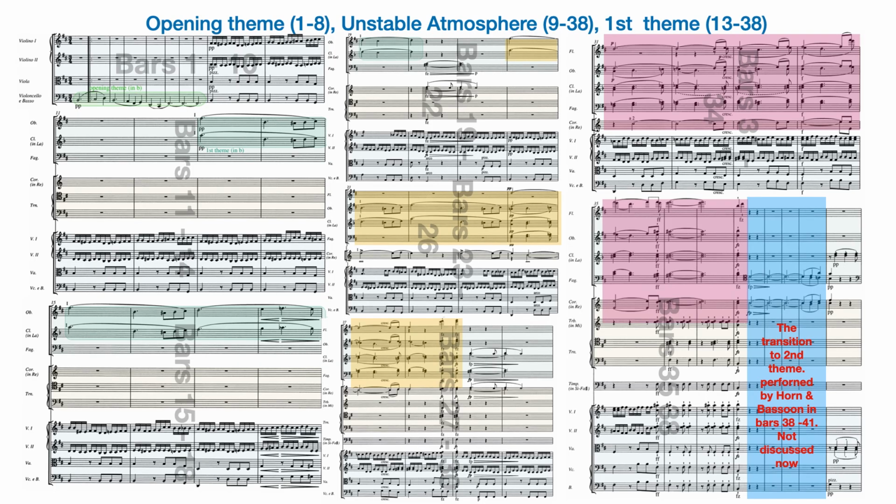Its background is colored in green, yellow, and pink, as you can see on the music score. It's performed primarily by wind instruments, and we will discuss the first theme of the symphony in the next report.